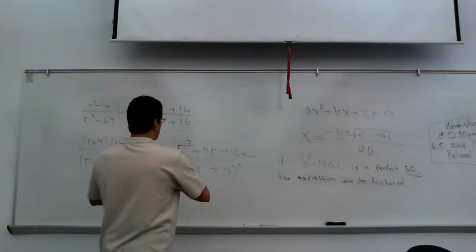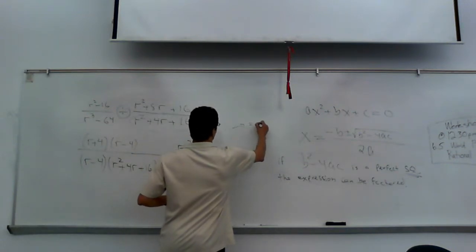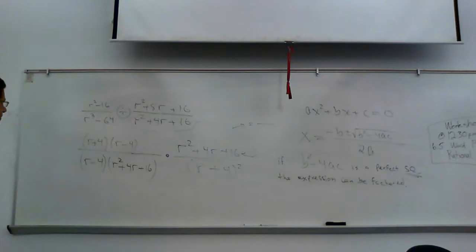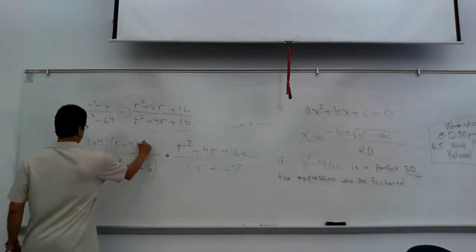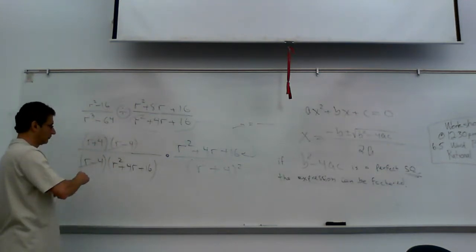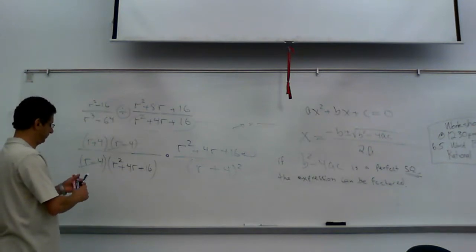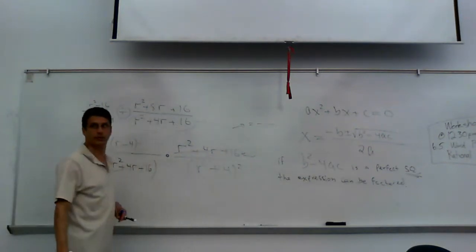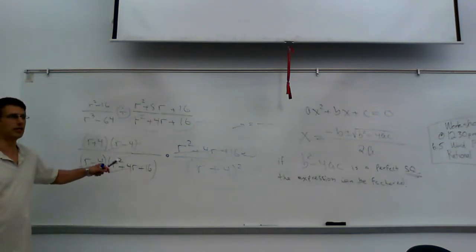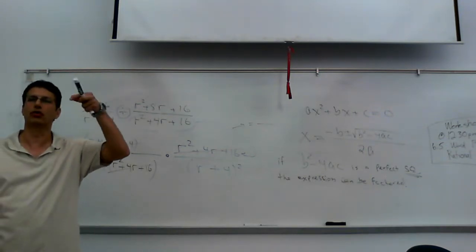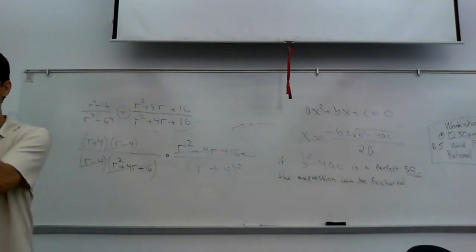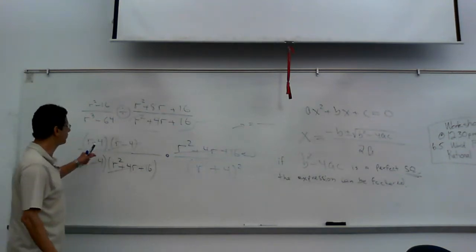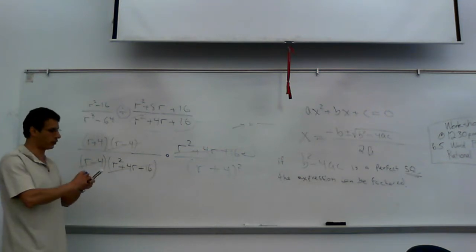All right? So, can you give me the final answer now? Simplify everything. What do you see left? Right? By the way, it doesn't matter. You pick one from the top, one from the bottom. Which fraction? Who cares? And so what do you have? R plus 4 and R plus 4 squared.